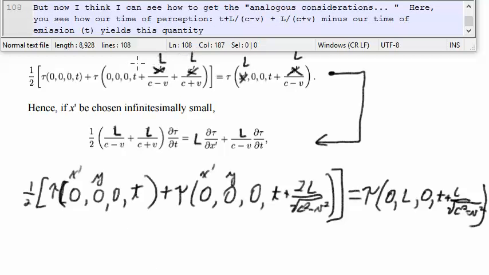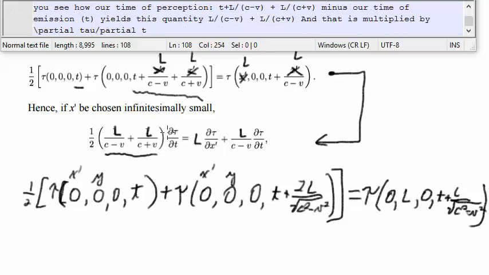Here, you see how our time of perception, t plus L over c minus v plus L over c plus v, minus our time of emission, t, yields this quantity, L over c minus v plus L over c plus v. And that is multiplied by partial tau partial t when x prime is held constant.